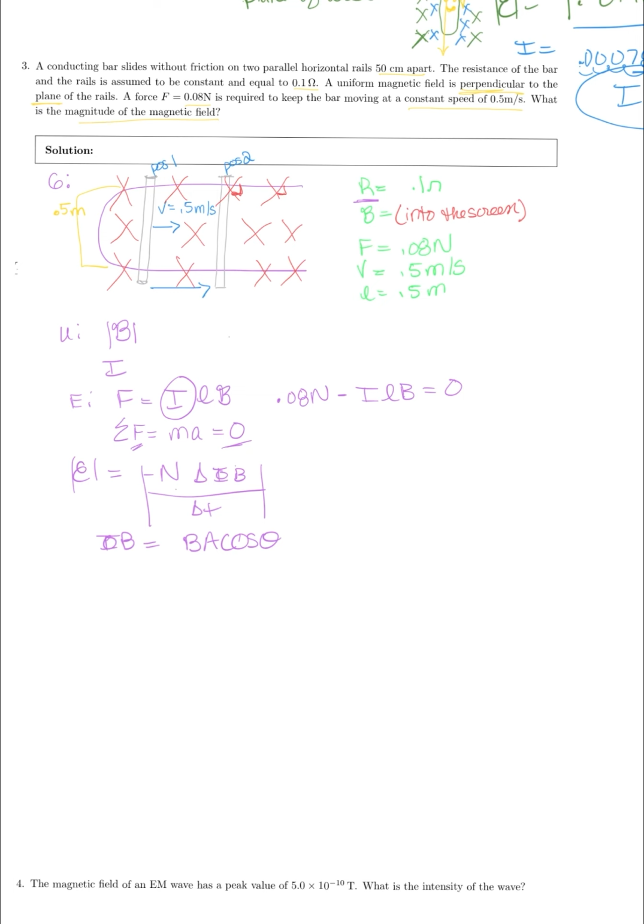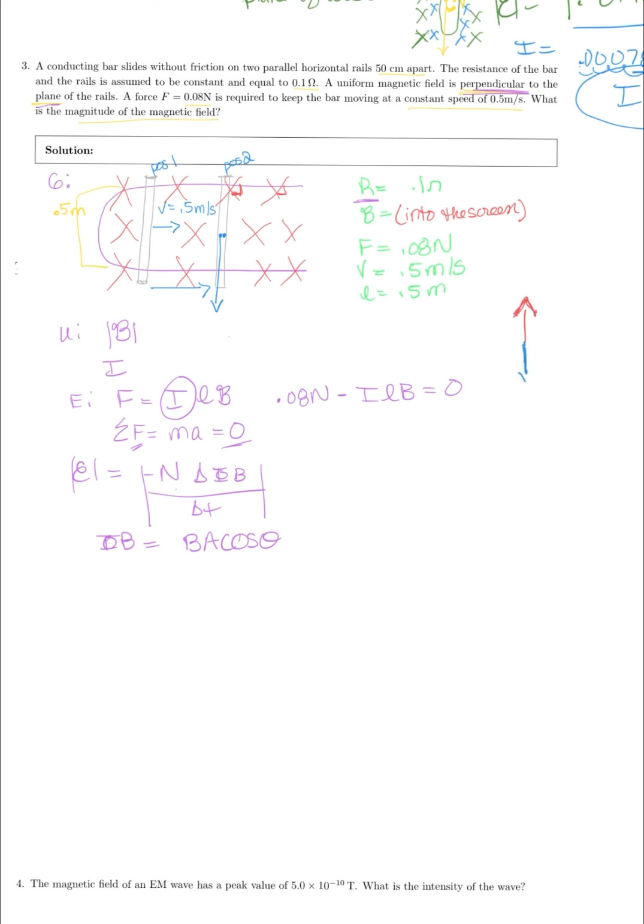Let's talk about this cos theta. We know that B is perpendicular to the plane of the rail. So since it's perpendicular to the plane, it's going to look like this. Here is our magnetic field going this way, and if we had a face on the area, its normal would be going out this way.